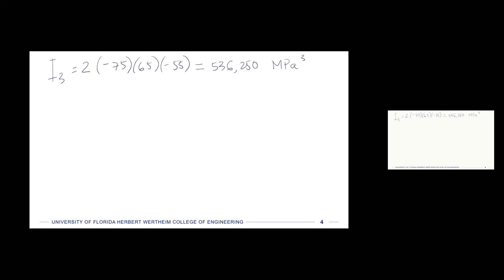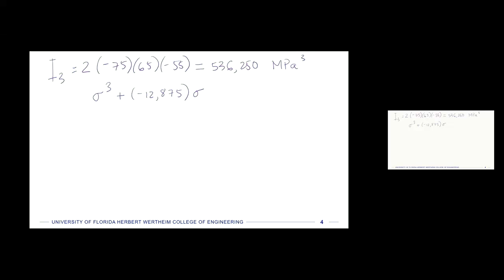Okay. So we could write out our generalized stress equation now of sigma cubed. I keep writing sigma 3, sigma cubed. Okay, we have no sigma squared term because everything canceled out. Plus, what was our, minus 12,875 times sigma.